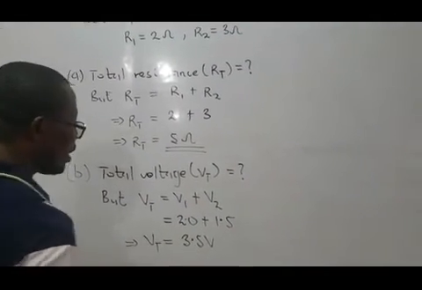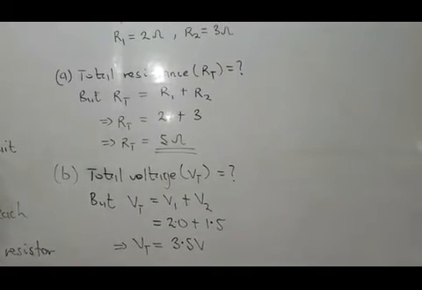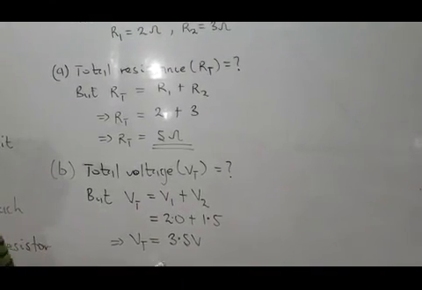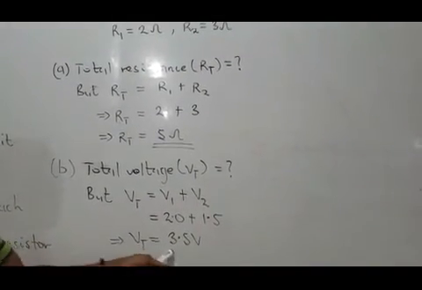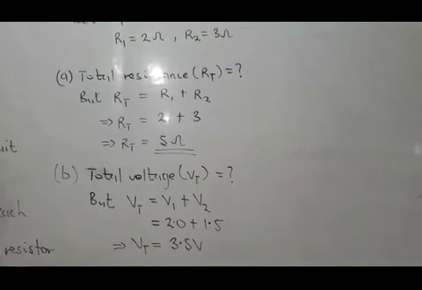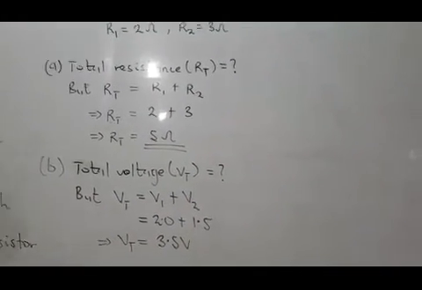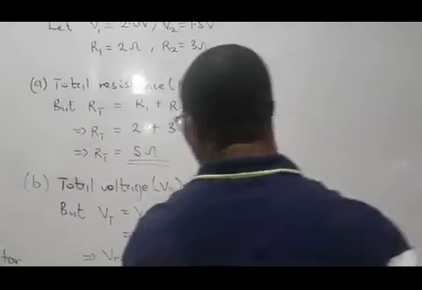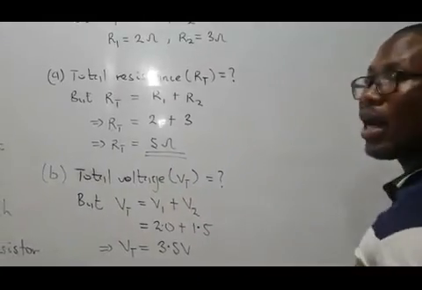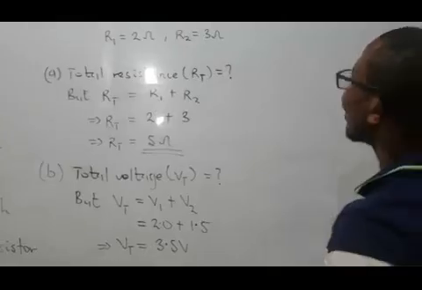So the total voltage in this case is 3.5 volts. I've not underlined it because that is not one of the main questions asked, but without it, we can't find the total current. So we have the total voltage now, and we also know the total resistance, so we can look for the total current.